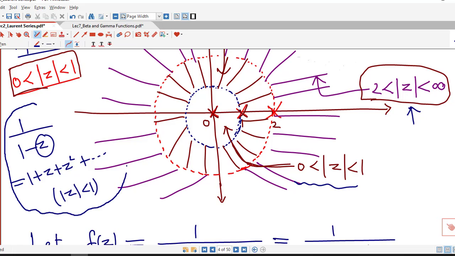So in this type of problems, try to write your function in this form: 1 over 1 minus something. Now whatever you obtain here, absolute value of that quantity must be less than 1, so that we can use this standard Maclaurin series expansion.